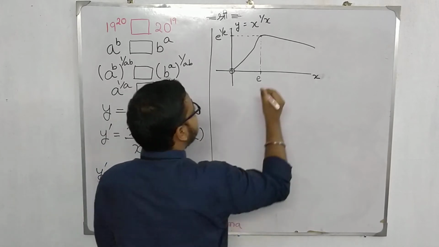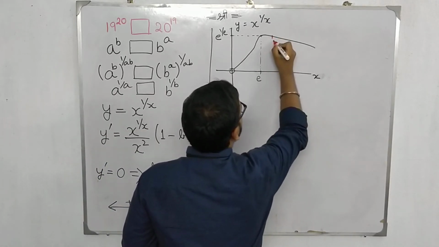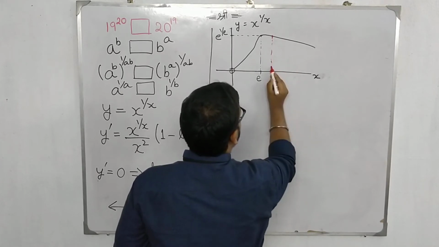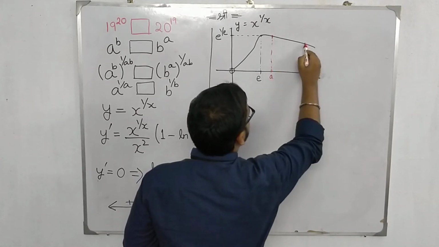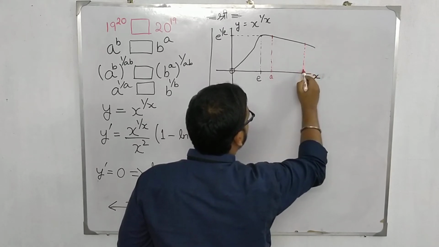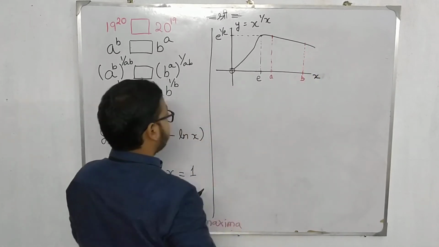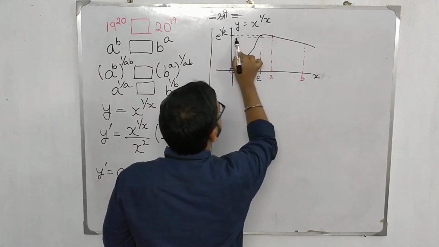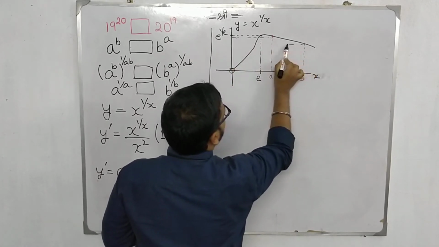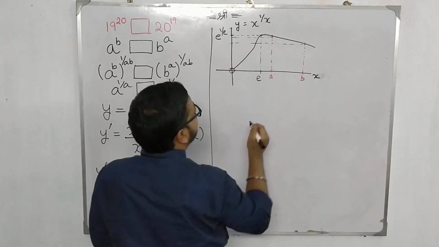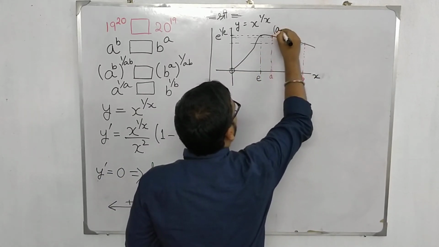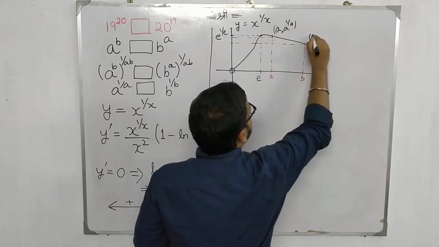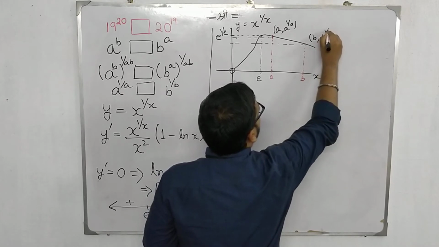Now let me take 2 points, say A, and I'll take another point, say B. So if you see, correspondingly we'll get 2 points on this side also, and these two will have coordinates a comma a to the power 1 by a and b comma b to the power 1 by b.